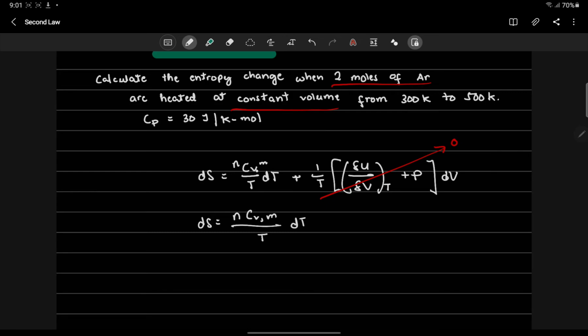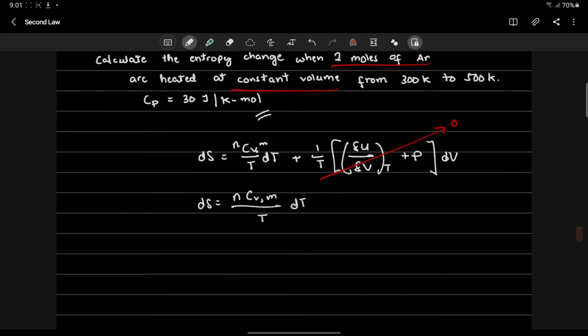Now, walang sinabi doon sa problem na ideal gas siya or hindi. But assuming na hindi siya ideal gas, kasi kapag ideal gas yan, we can assume a value for your constant volume heat capacity. Anyway, given naman yung Cp, which is 30 joules per Kelvin mole. Pero we can probably still assume na perfect gas siya.